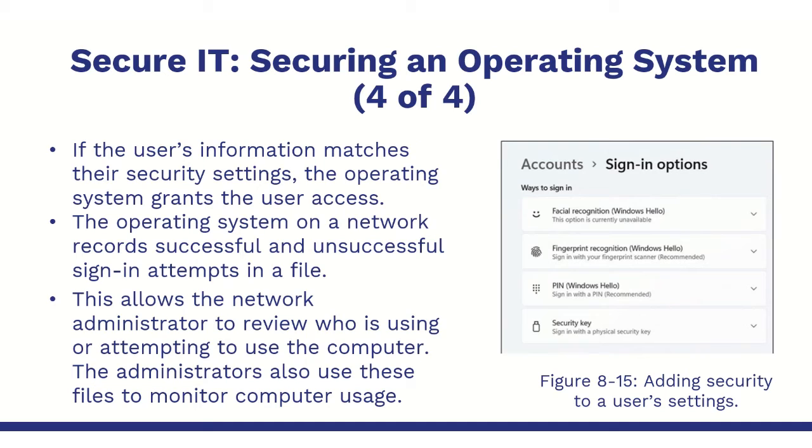The operating system on a network records successful and unsuccessful sign-in attempts. This is very important. Note this. It also records unsuccessful sign-in attempts so that it can audit. Your system admin, or you as a computer owner, may want to audit regularly who wants to access your system.